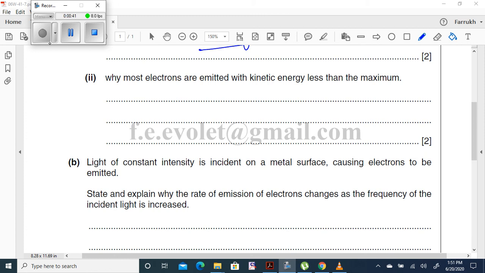Why are most electrons emitted with kinetic energy less than the maximum? Maximum kinetic energy refers to those electrons which are emitted from the surface, so it only refers to surface electrons.